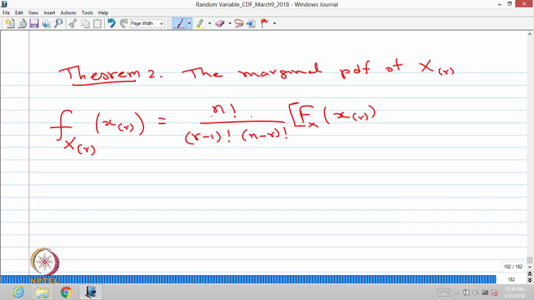This CDF is raised to the power r minus 1, multiplied by 1 minus the CDF of any one random variable, all being identical, evaluated at x(r), raised to the power n minus r, multiplied by the probability density function of any one random variable evaluated at x(r).